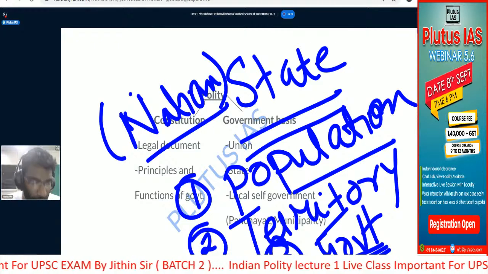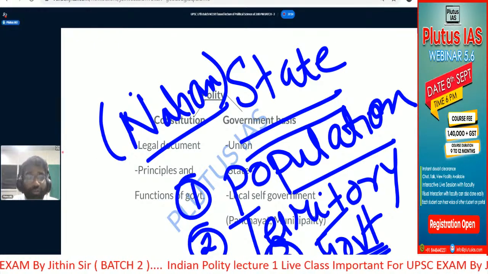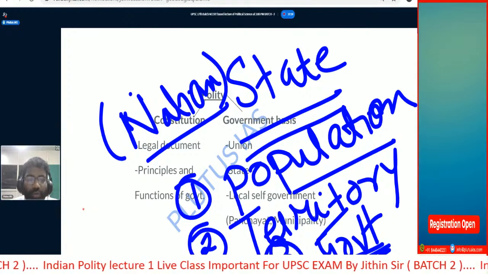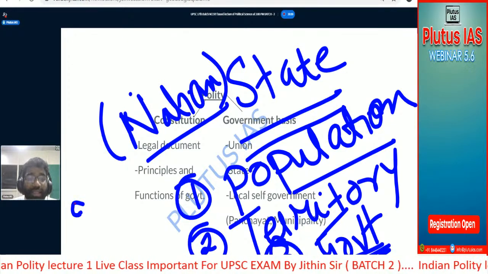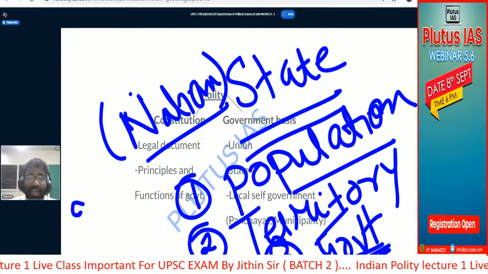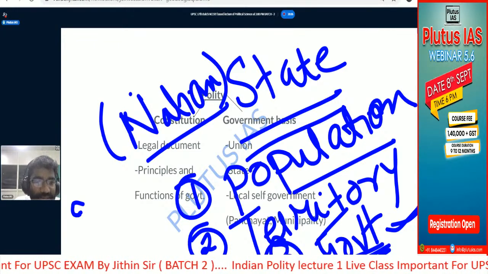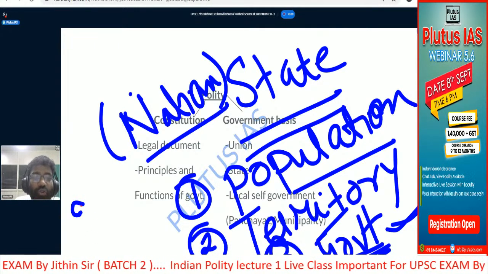Now, the fourth point is, what is the fourth point? The fourth element of the state. I'm going to discuss government in depth. The fourth point of the state is sovereignty.